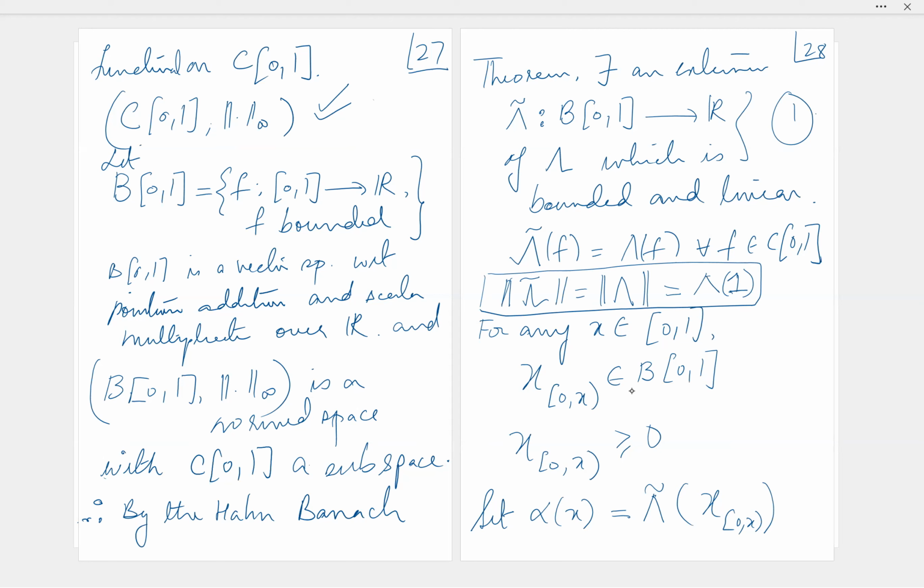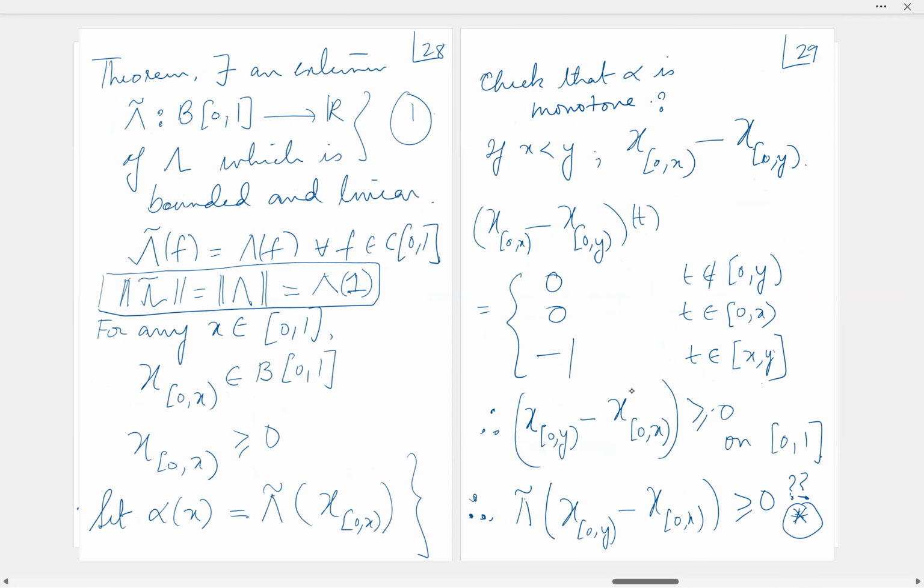Using that, I constructed these functions alpha. What was alpha at x? It was delta tilde of the characteristic function of the interval 0 to x. When we did this, we showed that alpha is actually monotone. To do that, we needed the property that the extension is positive.